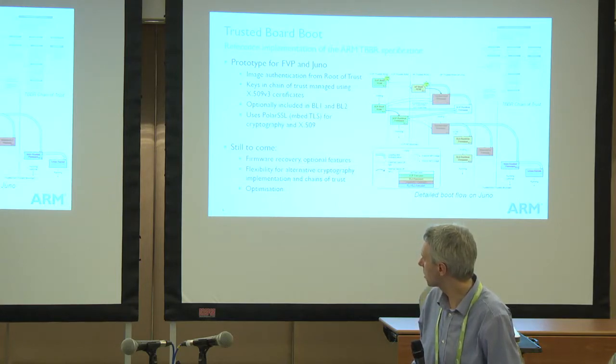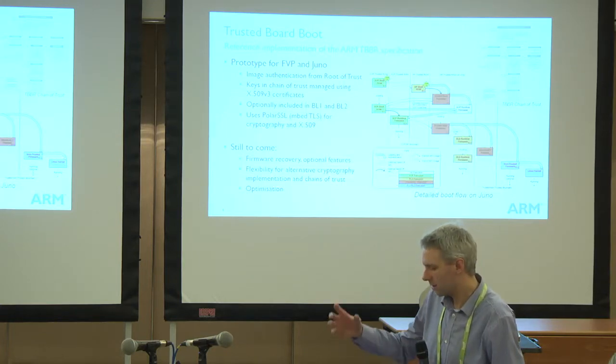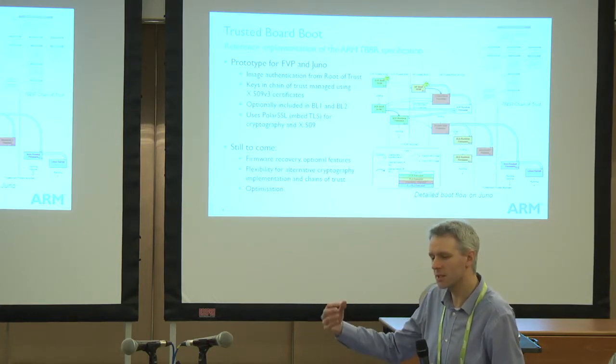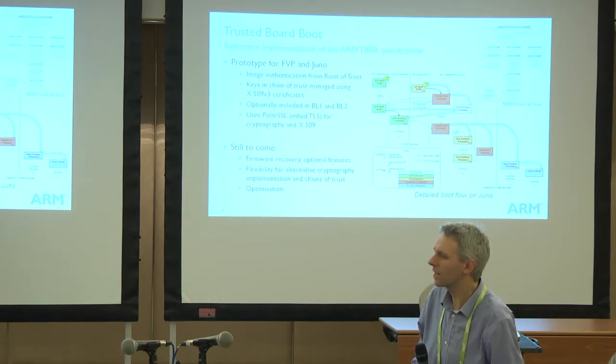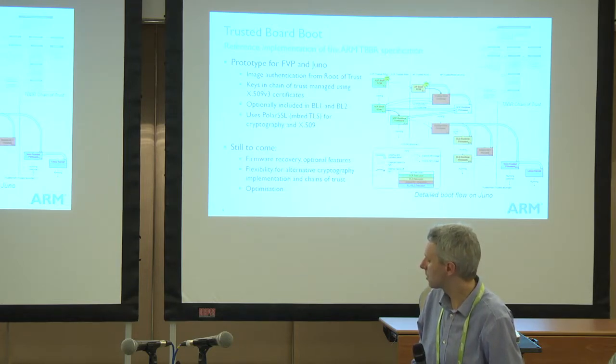In a reference implementation, rather than a fully optimized proprietary one, we are using X509 version 3 certificates, and therefore there's more code, and it's a little bit larger than you might be able to do in an optimized version, but we're trying to keep it very clear as to what we're doing and how the chain of trust is established, and reduce the amount of space for security errors creeping in because we're using proprietary structures and techniques. So this is an optional part of the build for the BL1 and the BL2 parts of the boot chain.